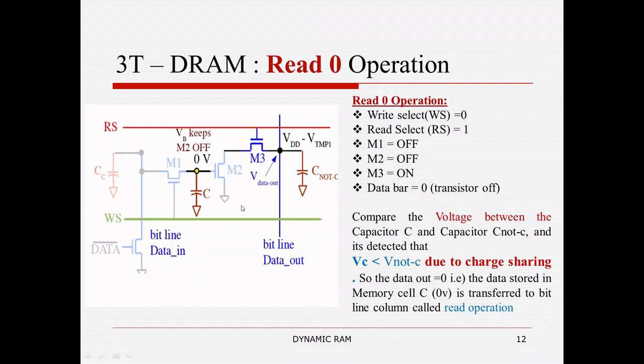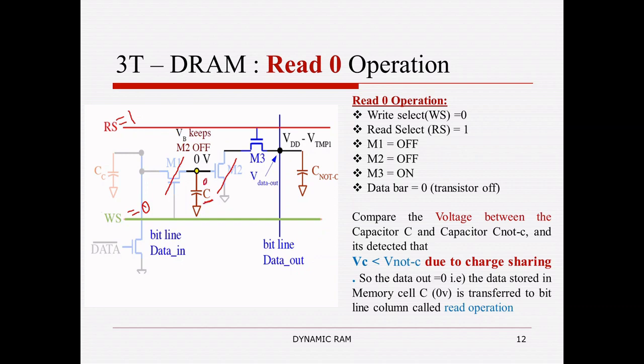For the read 0 operation, I select row select equal to 1 and write select equal to 0. So transistor M1 becomes off, and the initial voltage across the memory cell capacitor will be 0, so M2 becomes off. With row select equal to 1, M3 becomes on. So the voltage drop across the capacitors C naught C and C will be compared.